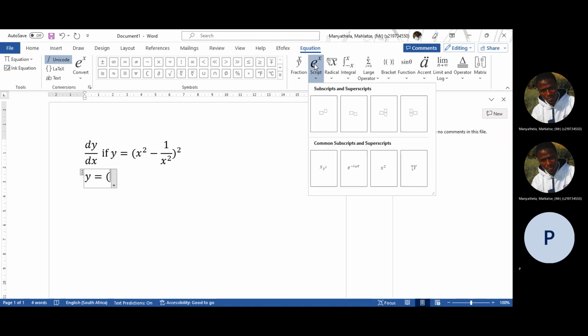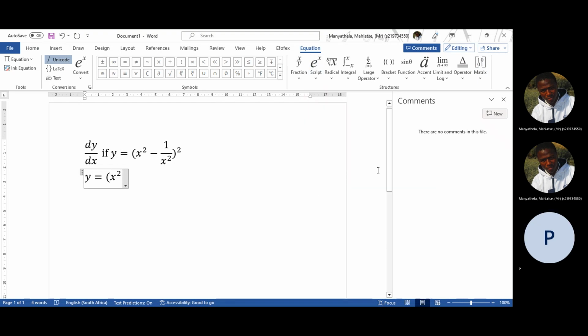So the first step, we're going to square the first term. You square the first term, and then you multiply the terms inside the bracket, and then the answer that you get, you multiply it by 2. So inside the bracket we have x squared.